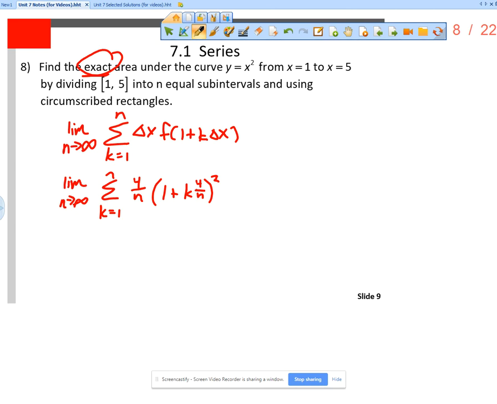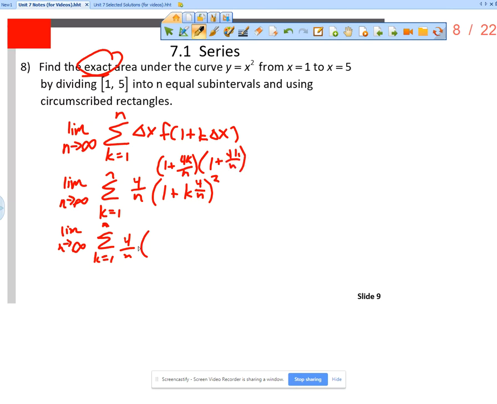All right, so what do we want to do? First of all, I'm going to expand this 1 plus k times 4 over n, squared. So I bring down the limit as n approaches infinity, and then I've got the sum from k equals 1 to n. I've got the 4 over n on the outside. Now, if I expand this, what do I get? Remember, this is really just 1 plus 4k over n times itself, right? 1 plus 4k over n.